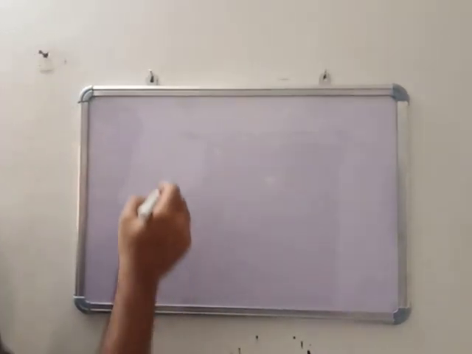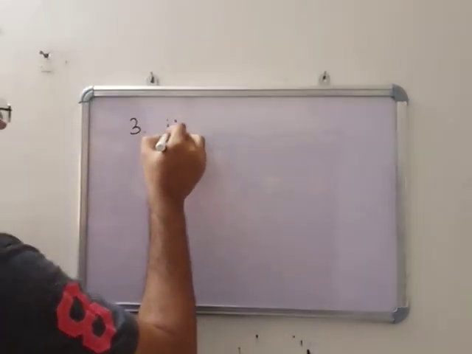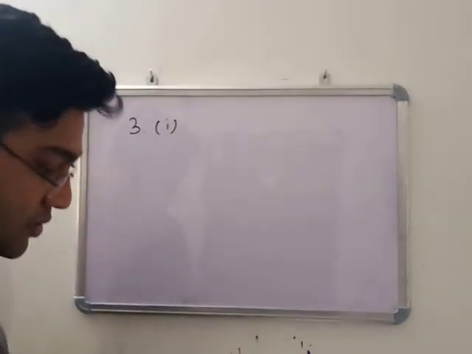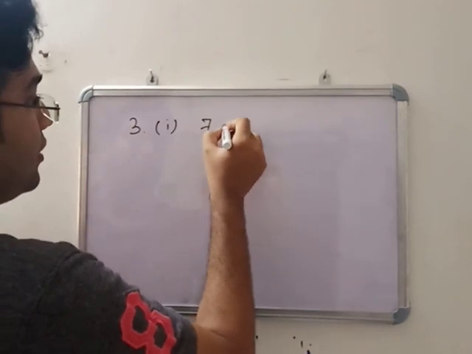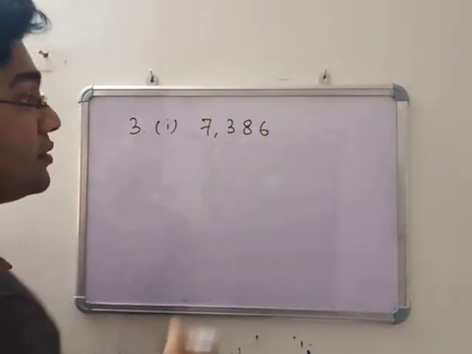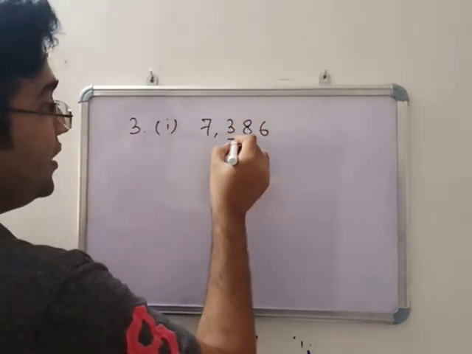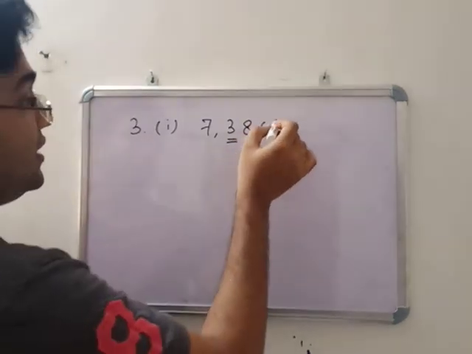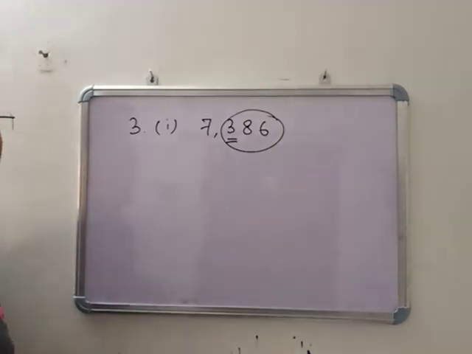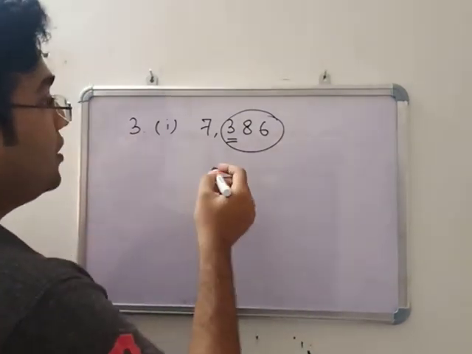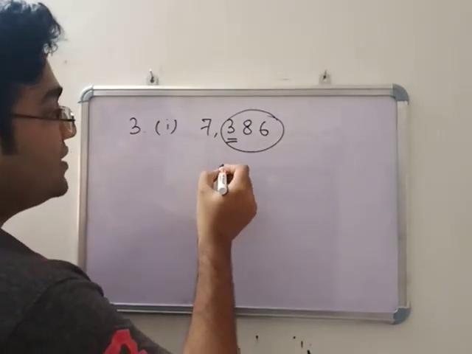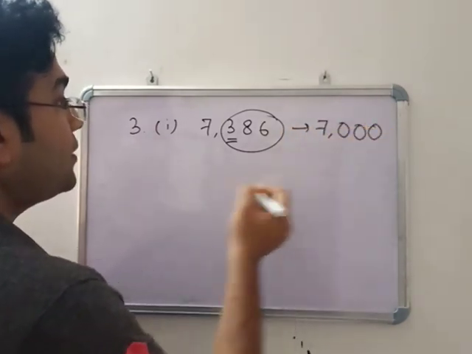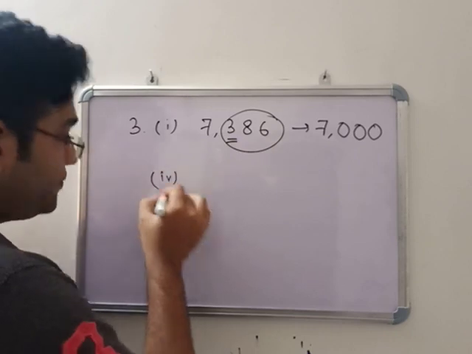Now in number 3, see that in number 3 and 1, rounding the numbers nearest to 1000. That means 7386 is given. So the thousands digit is 3, which is less than 5, and this number is also less than 500. So that means nothing is added. So that means 7000. Number 4.